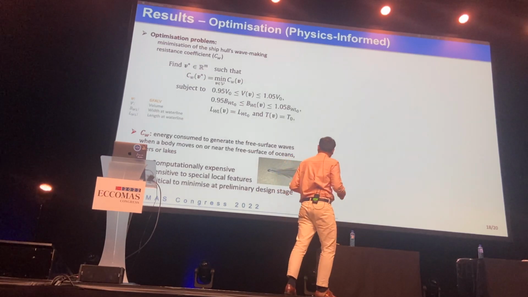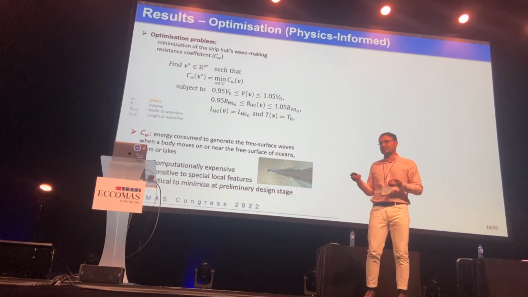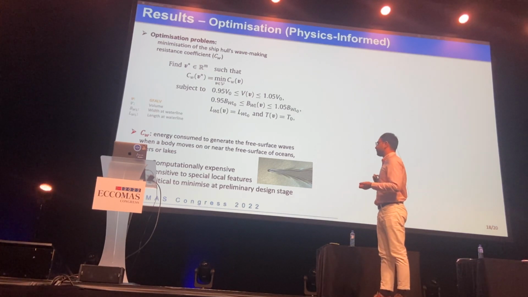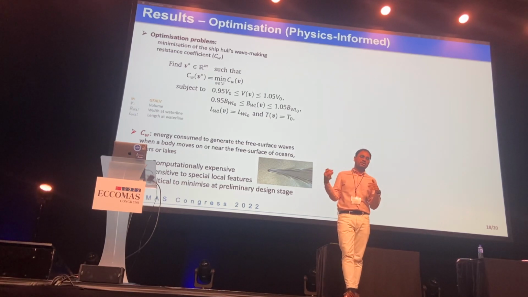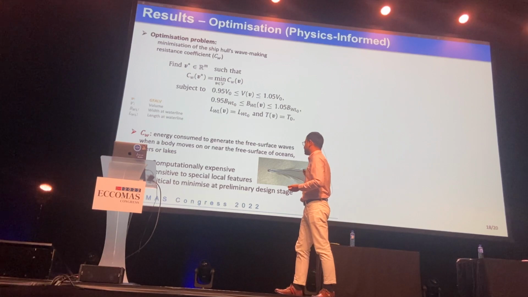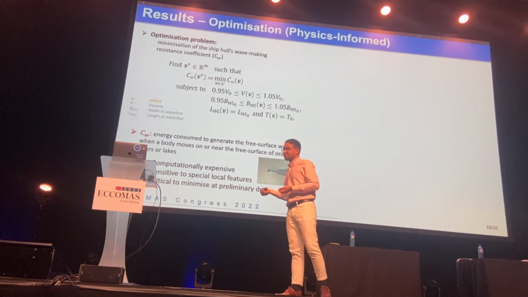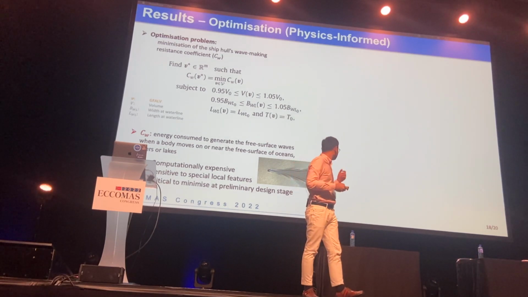The wave resistance coefficient is a physics performance criterion for when a body or a ship moves through water, and it is related to drag, how much resistance there is. It's computationally expensive, sensitive to local features, and crucial to minimize at the preliminary design stage.